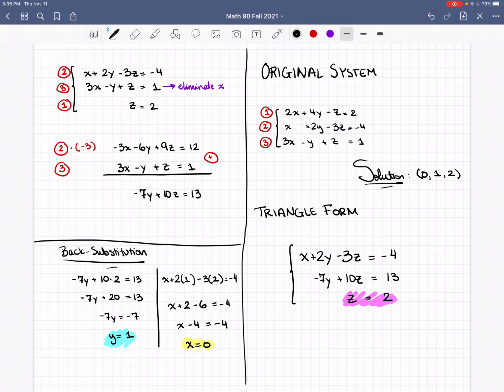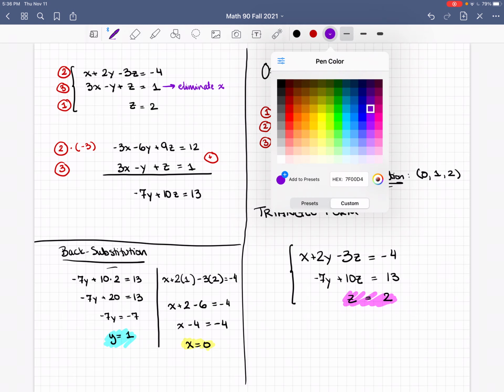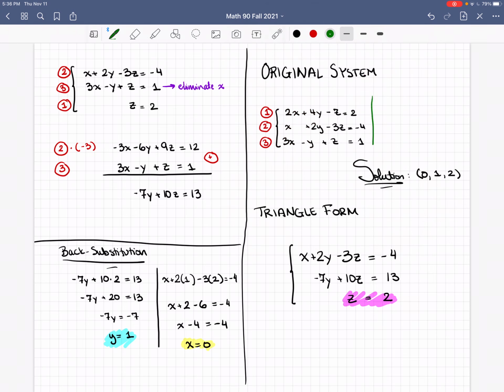What I am not going to do here that I highly encourage you to do, and this is a great last step, is take this ordered triple 0, 1, 2 and make sure that it satisfies all 3 equations. In fact, I said I wasn't going to do it, but let's do it together. So let's get a nice green color going here. We're going to check.